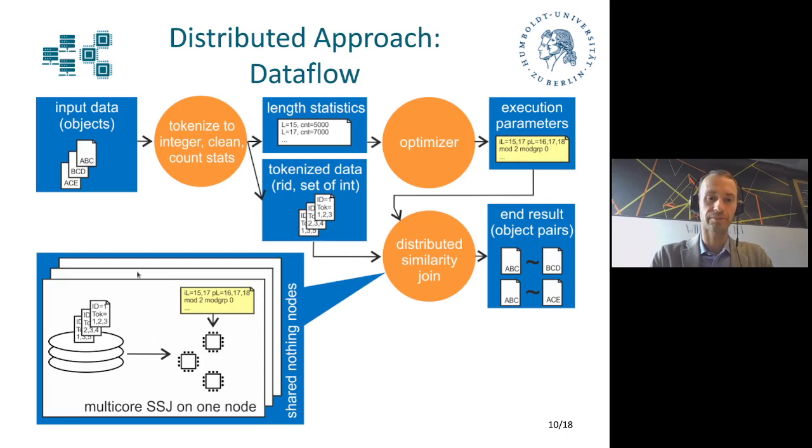Each white plane here is one node, and on each machine we run the multicore SSJ locally. We assume that each node already has access to the whole input data set, so either it's already copied to its hard disk or it's available via a distributed file system. And the machine also gets its dedicated set of execution parameters which we computed before.